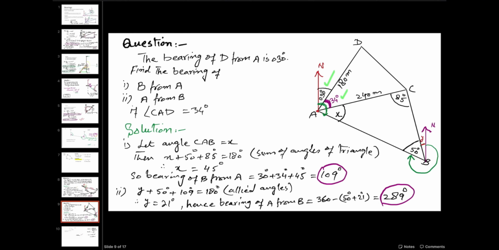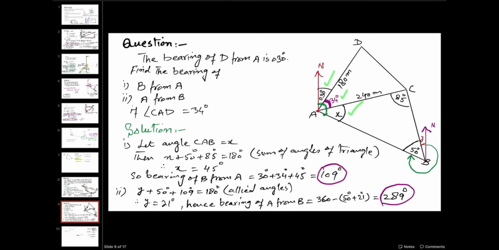Find the bearing of B from A, and number 2, A from B. Now the solution is, let angle CAB is x, then x plus 50 degree plus 85 degree is equal to 180 degree.